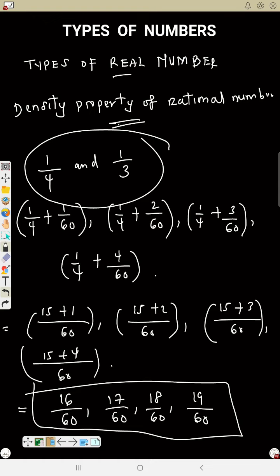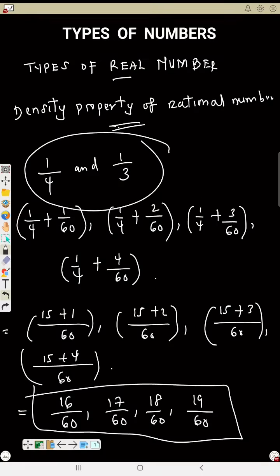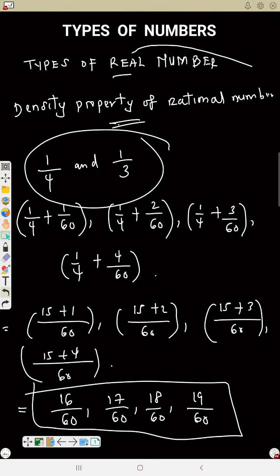Now we have irrational numbers. What are irrational numbers? Irrational numbers are numbers that are non-repeating and they are non-terminating.